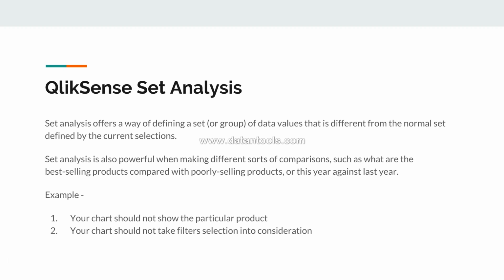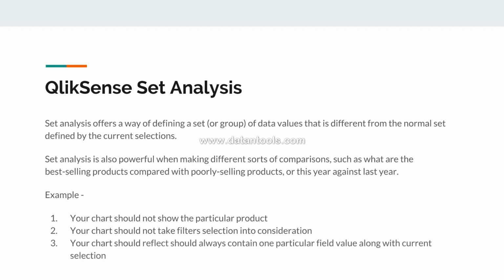If that is the scenario, you can achieve it with set analysis. Third, your chart should always contain one particular field value along with the current selection. So what does that mean?